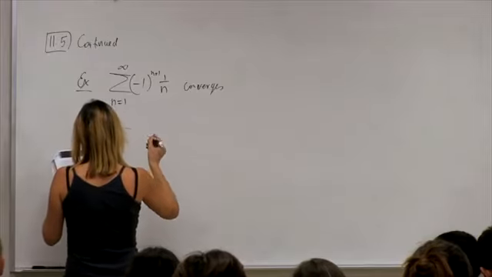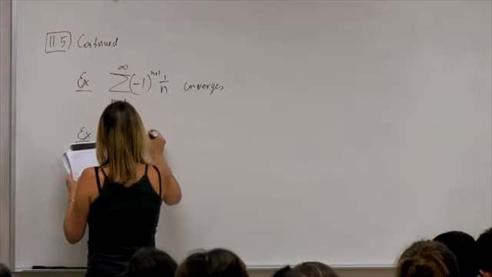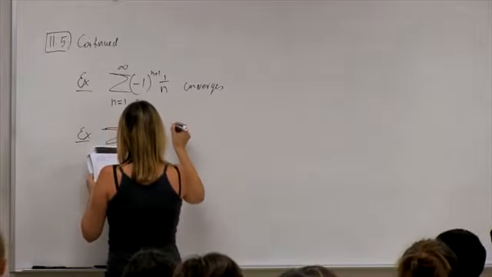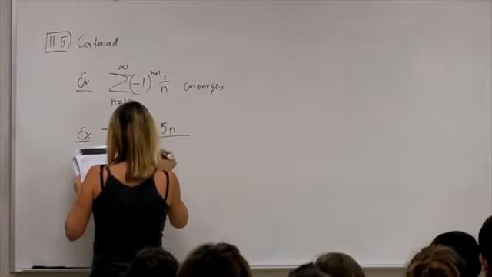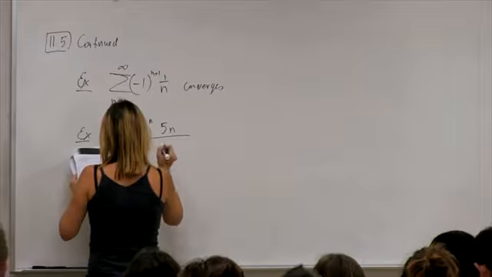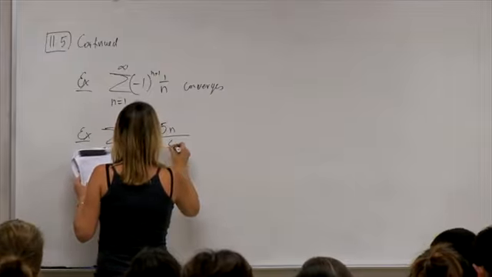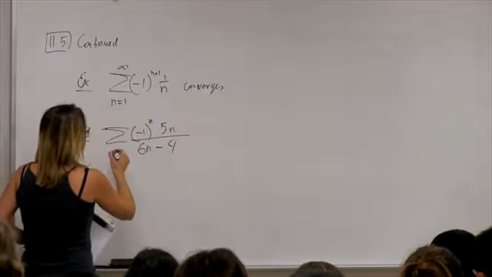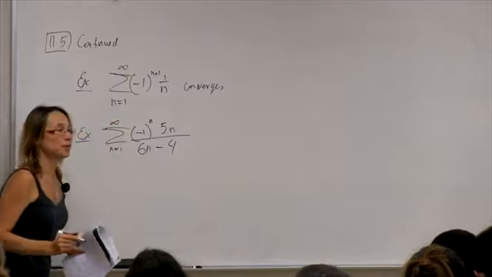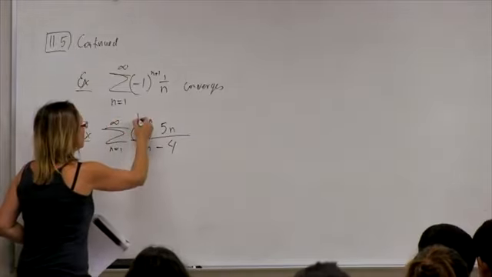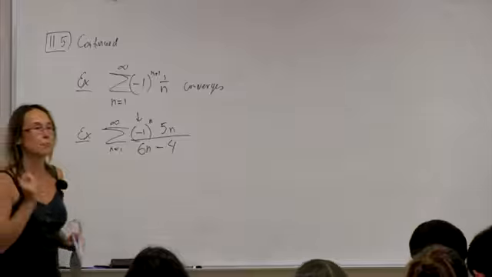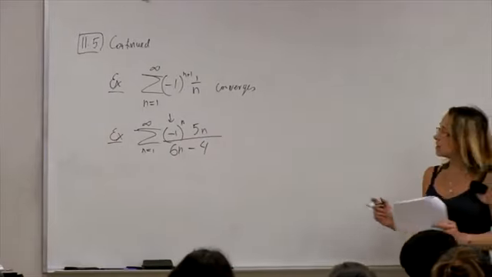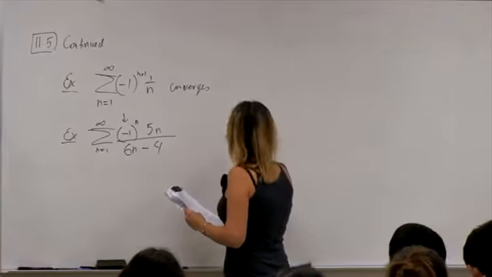So the next one is the following. This series is alternating because of this factor, right? It changes sign at every step. So we apply the alternating series test. And there are two things that we need to prove.